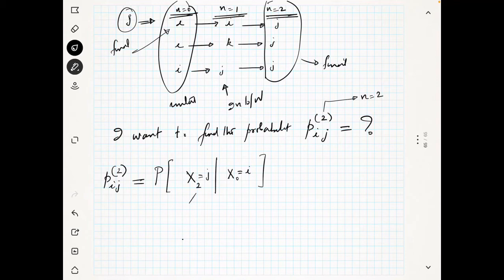You can see that this is showing n equal to 2 and this is showing n equal to 0. I was in i and I want to move to j. So this I can do in three different ways.